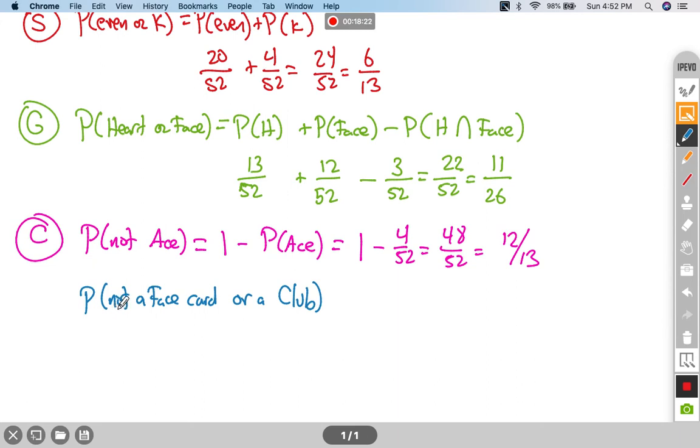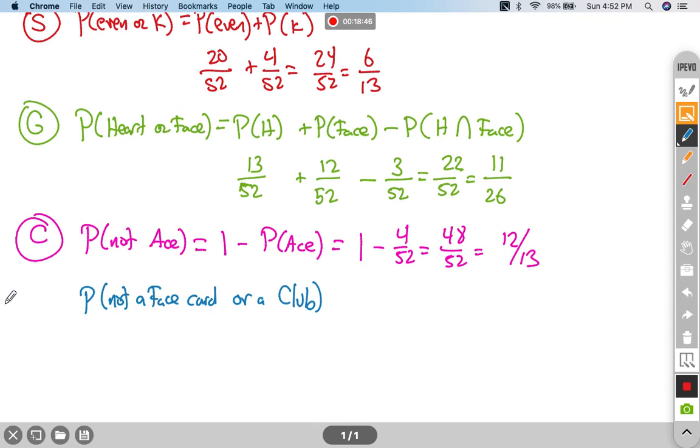What does the not apply to? We're going to say the not just applies to here. If I wanted to say not a face card or a club, I would put that in parentheses to say the not was dealing with both of them. Or to say not a face card or not a club. I'm not going to trick you that way. Well, maybe I am tricking you this way.